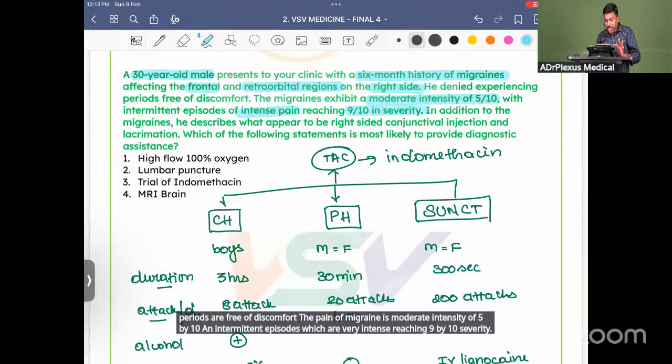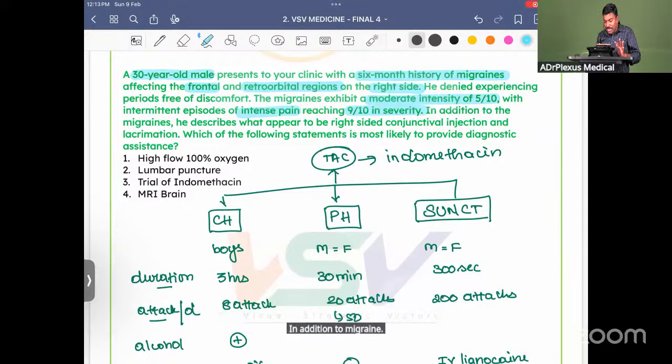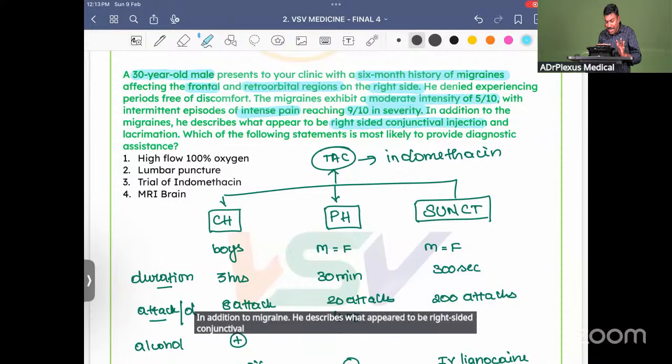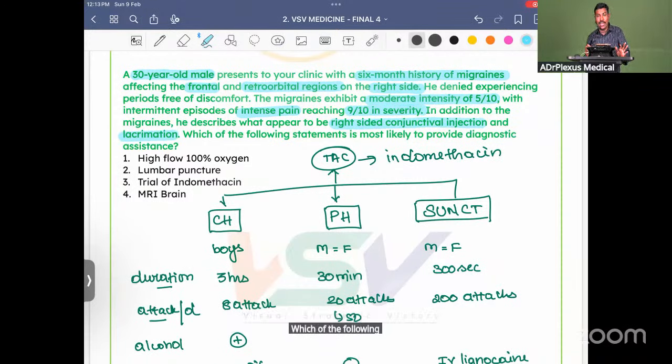In addition, he describes right-sided conjunctival injection and lacrimation. Which of the following is most likely to provide diagnostic assistance? What can be the answer here?